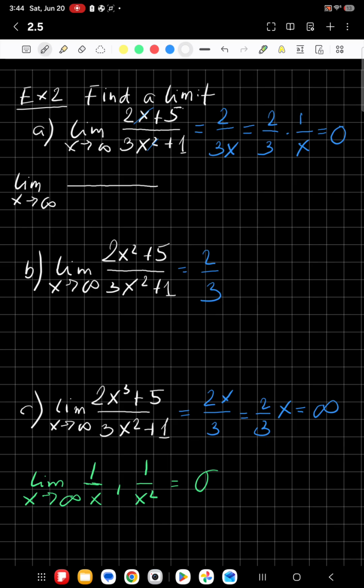Maybe divide the top and the bottom by x squared. There are many different ways, so let's do that. If I divide the top by x squared, I get 2x divided by x squared, plus 5 over x squared. And the bottom will be 3.